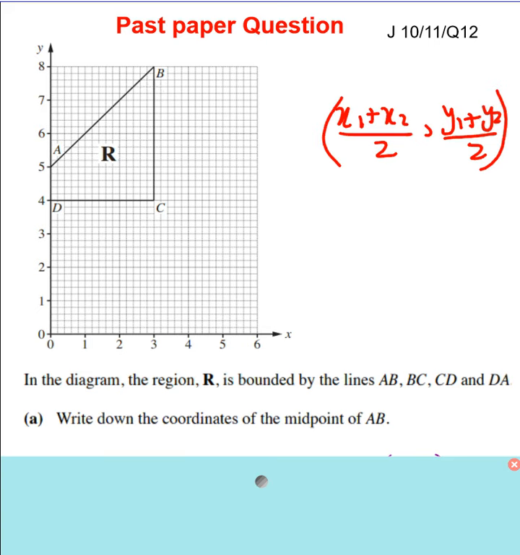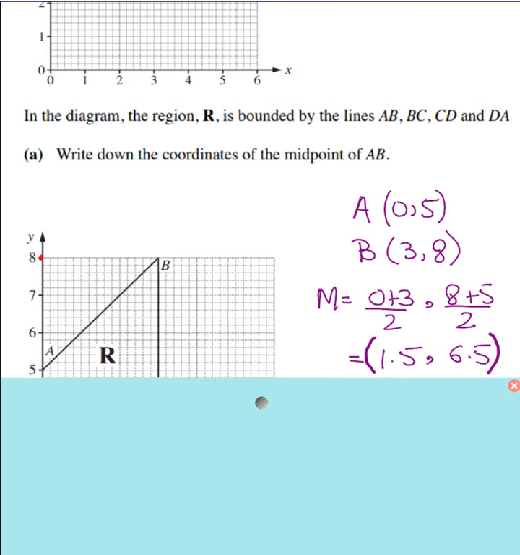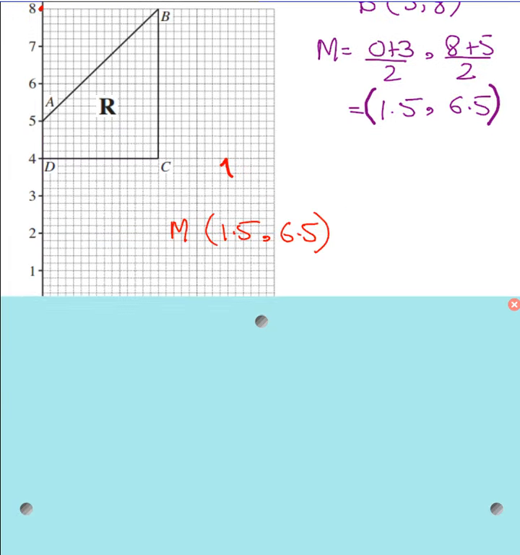And they apply the midpoint formula. Let me show you. I have done it here for you. So after applying the formula on these points, they easily find out the midpoint.